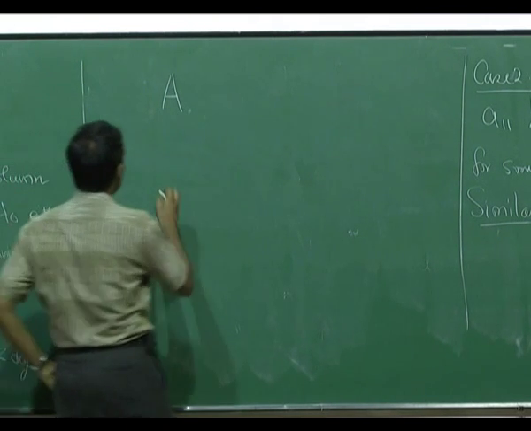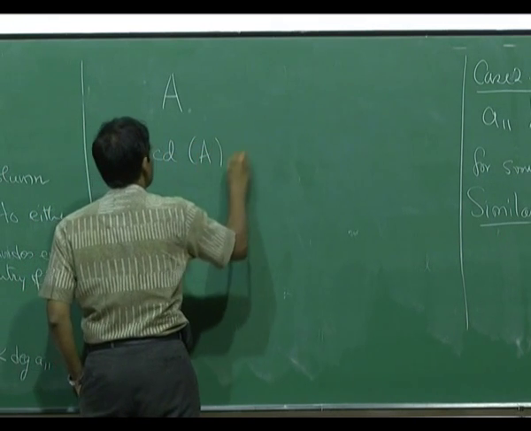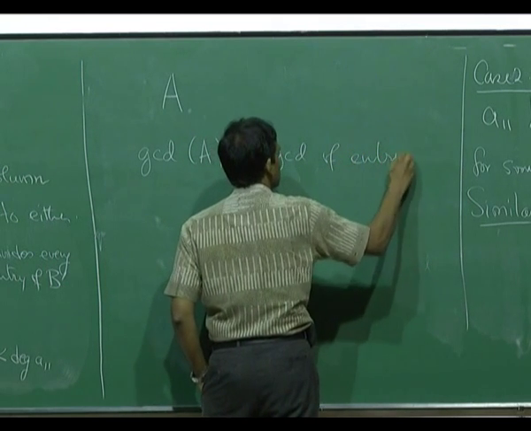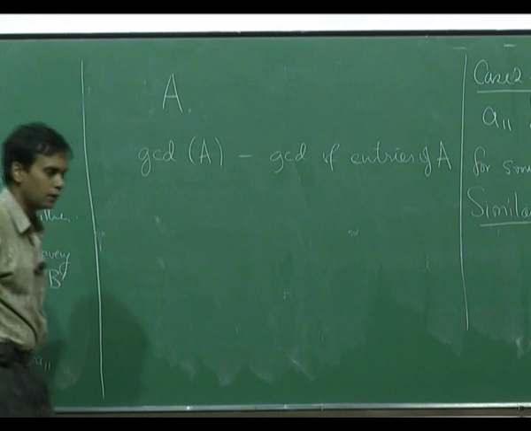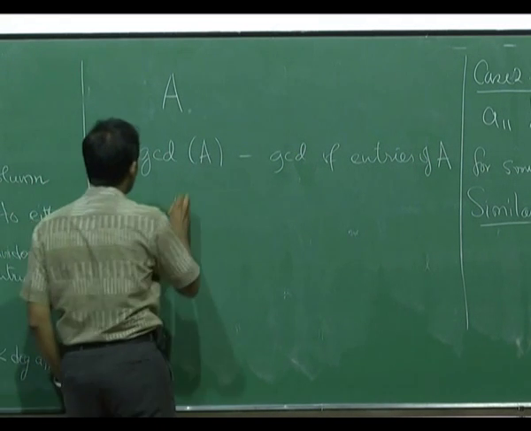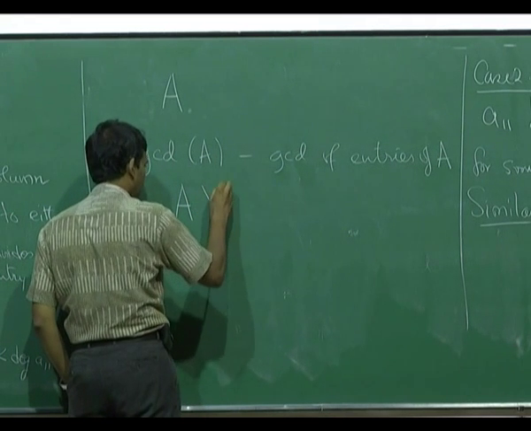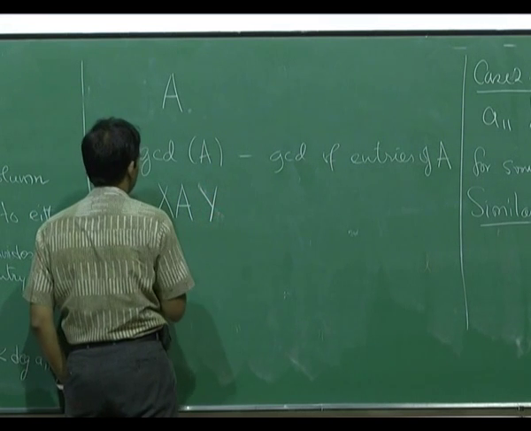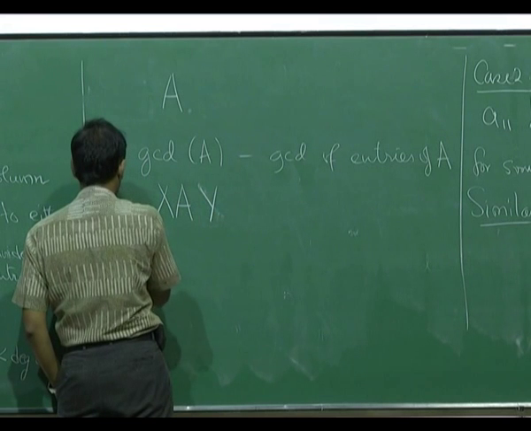So your matrix A, you can say GCD of A is the GCD of the entries of A. Okay. Now suppose I look at X times A times Y, and I want to look at the GCD of this.